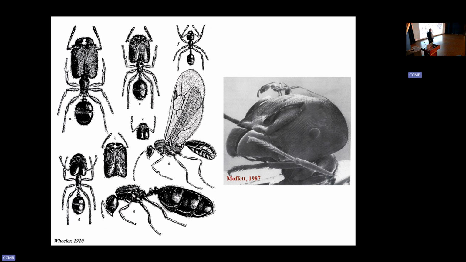And what Mark Moffat has done is he's taken the largest member of the colony and placed on its head the smallest member of the colony and taken a scanning electron micrograph. It turns out that the largest member of the colony weighs 500 times the smallest member of the colony. And I like to remind my developmental biology friends that both of these come from the same genome. So the differentiation is really entirely epigenetic.